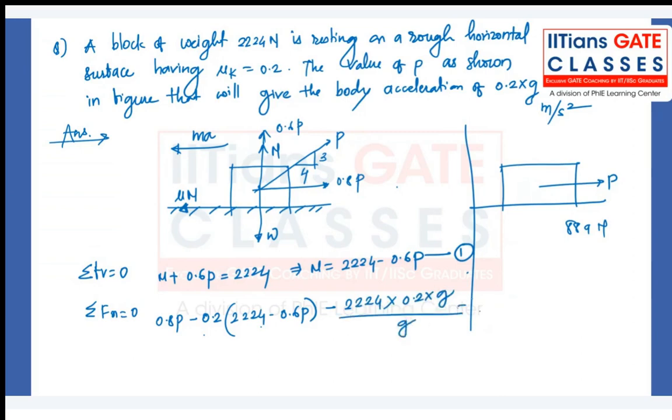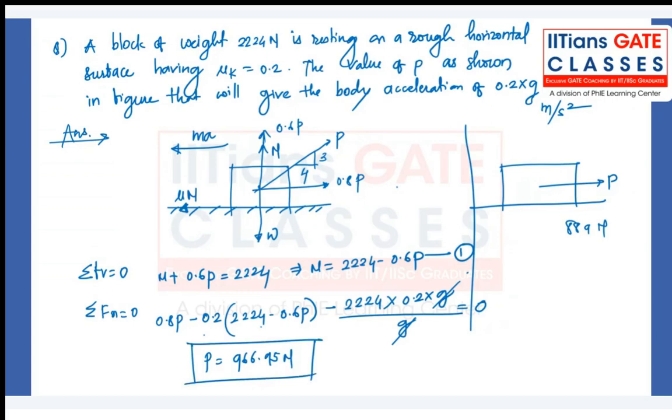So g will get cancelled. So 0.8P minus 0.2 times (2224 minus 0.6P) minus 2224 into 0.2 equals 0. If you solve it further, I think you should get P as 966.95. Okay, just check it.